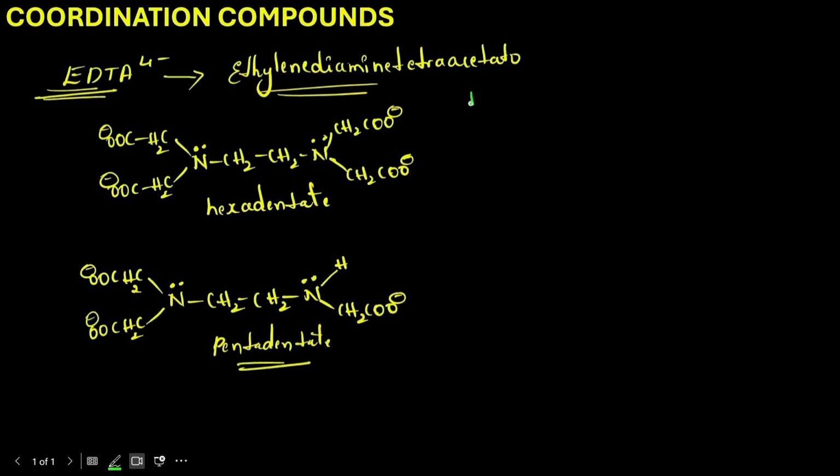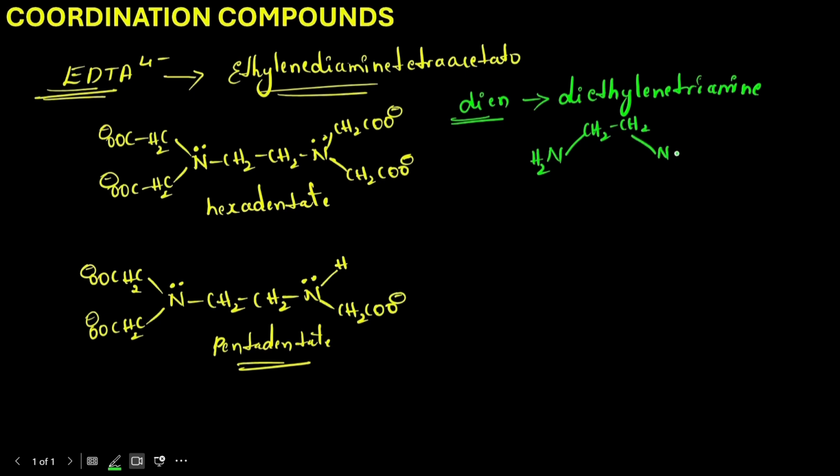If we take dien, here dien means diethylenetriamine. If you write the structure here, NH2, CH2, CH2, NH, CH2, CH2, NH2.